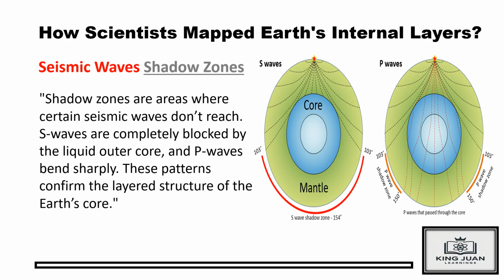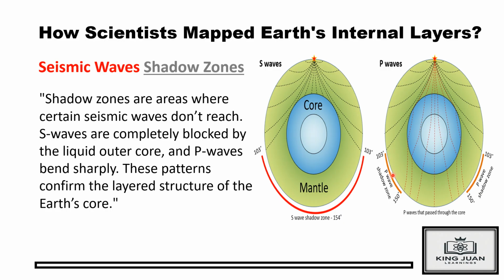Seismic waves, shadow zones. Shadow zones are areas where certain seismic waves don't reach. S waves are completely blocked by the liquid outer core. In this region here, the red line indicates the S wave shadow zone, meaning there are no S waves recorded in this area.